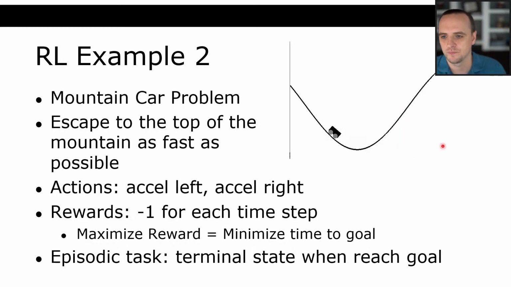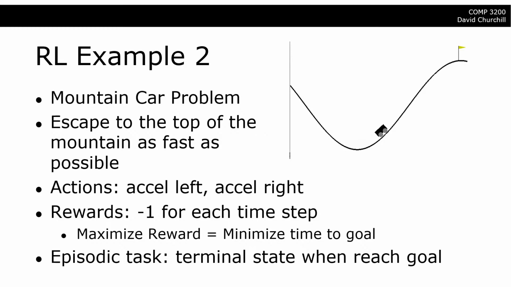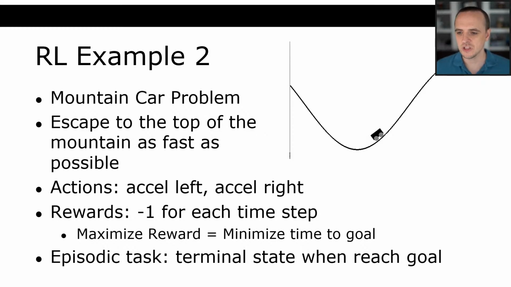Here's another example. This is called the mountain car problem, and it's also a very famous problem. Let me remove my camera for a second. The problem here is we want to escape to the top of this valley as fast as possible. I'm going to put the camera back on, but just realize this is the goal up here. Within this problem, we've got some physics simulation, so this kind of looks like the real world.